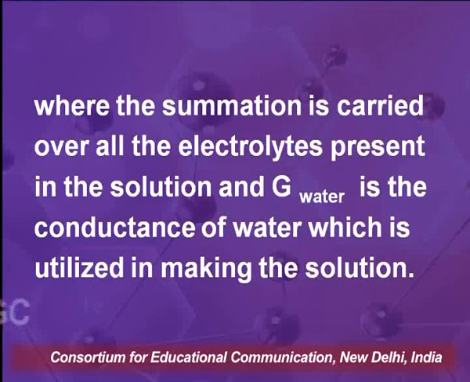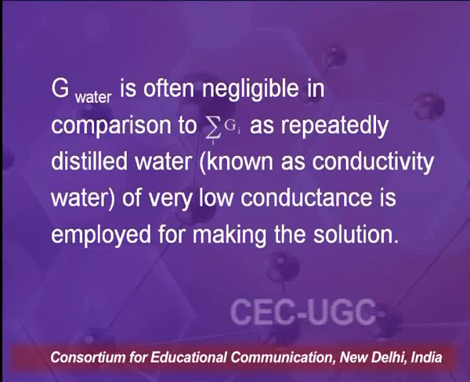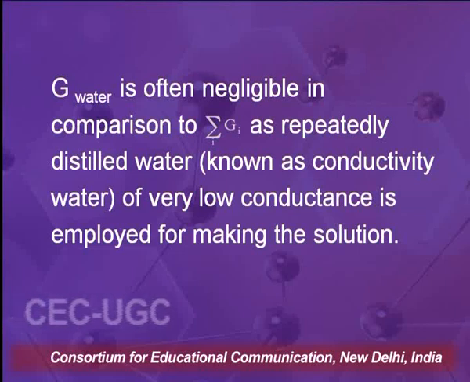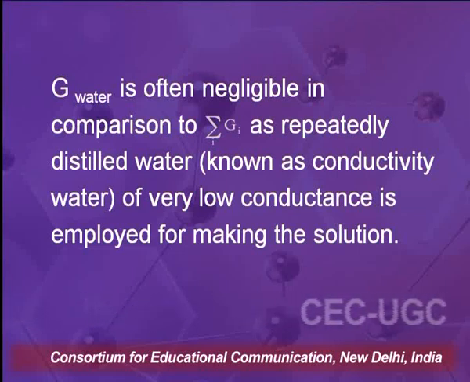The summation is carried over all the electrolytes. G water is often negligible in comparison to the sum of conductances of the electrolytes, as we use conductivity water, which is repeatedly distilled water of very low conductance, for making the solutions.